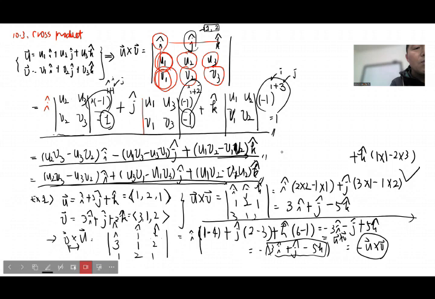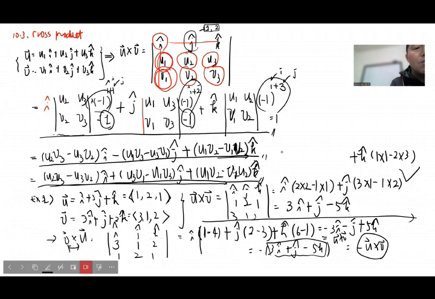So changing the sequence of the cross product just induces the minus sign on the resulting vector. If you want to figure out the opposite direction of the cross product, all you need is to put a minus sign in front of the resulting vector.